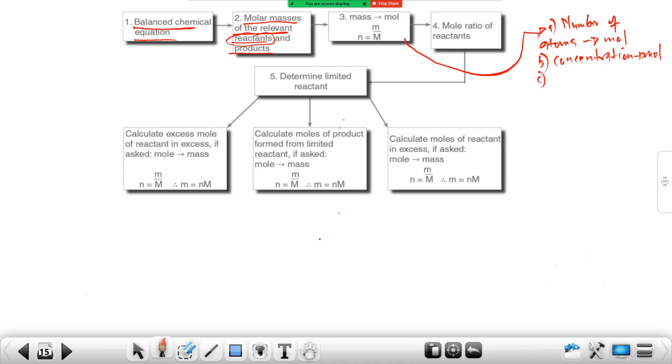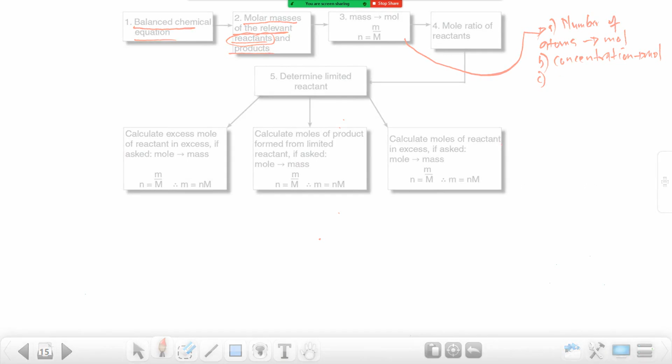C, I am going to add, what is that other one? Volume. Yes, volume. So volume to mole. So what does this say?